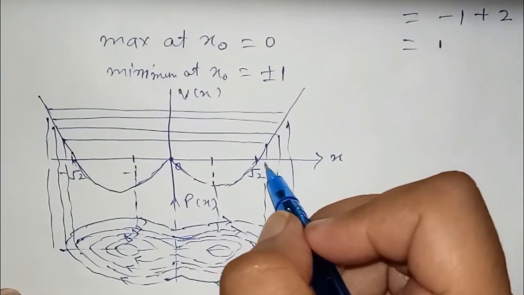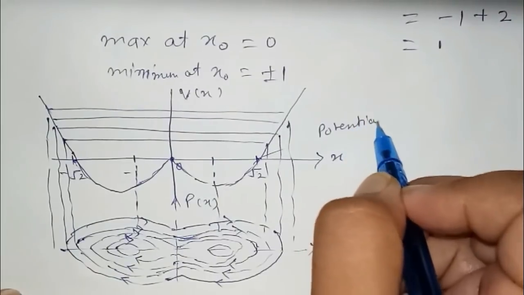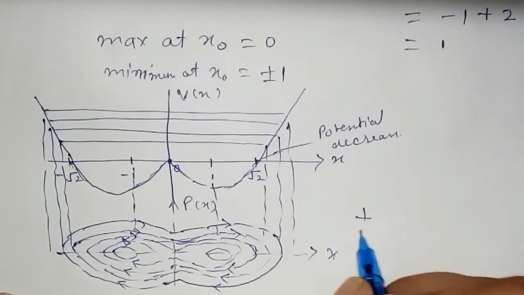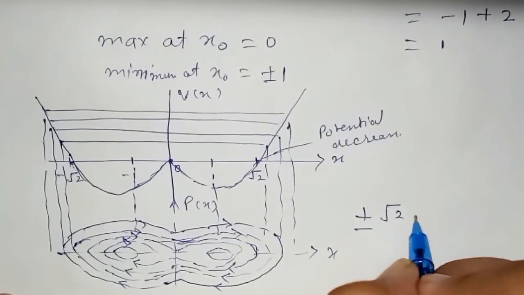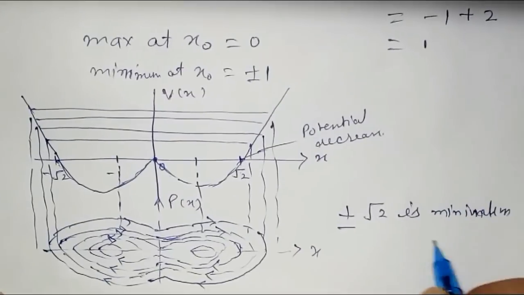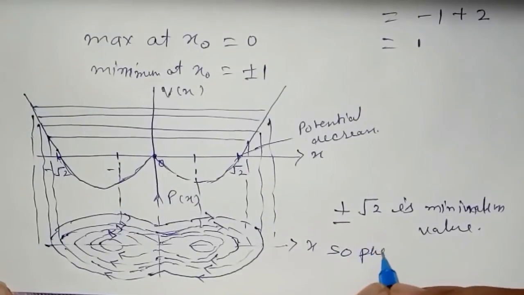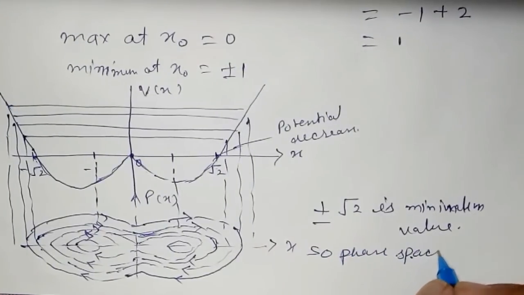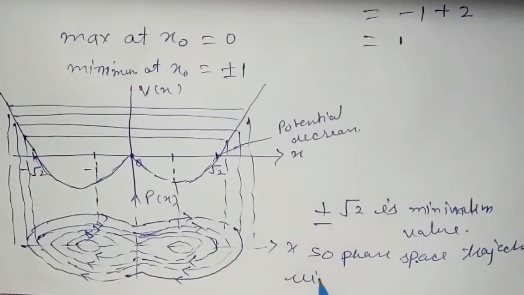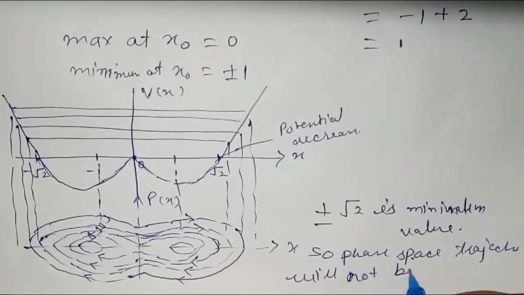Here potential is decreased. Plus minus 1 is the minimum value. So the phase space trajectory will not be symmetric.